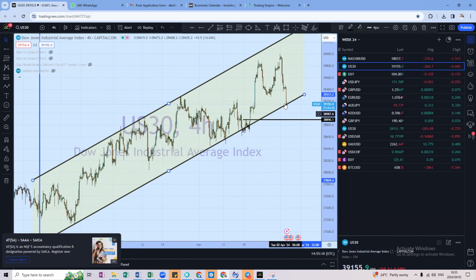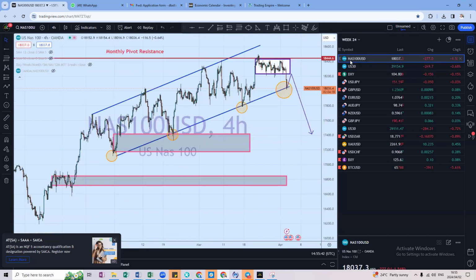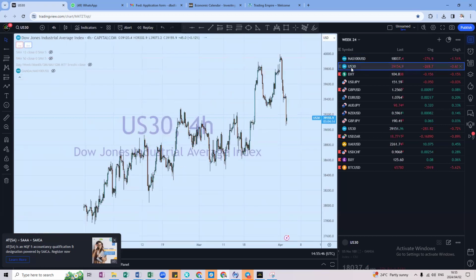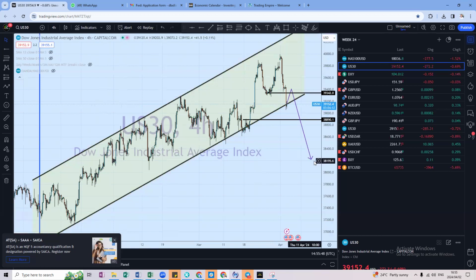It's in this channel, at the support right now. So I'm expecting at least a pullback to there before the break to the downside. So we're looking for buys. That's the zone somewhere there. It needs to pull back to and then drop. So both Nasdaq and US 30 are looking for pullbacks before the drop.